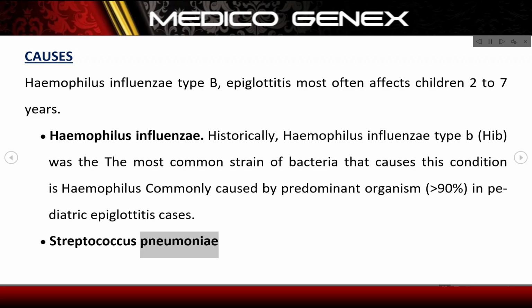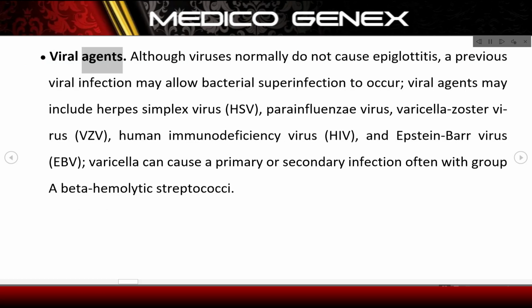Streptococcus pneumoniae. Viral agents. Although viruses normally do not cause epiglottitis, a previous viral infection may allow bacterial superinfection to occur. Viral agents may include herpes simplex virus, HSV, parainfluenzae virus, varicella zoster virus, VZV, human immunodeficiency virus, HIV, and Epstein-Barr virus, EBV.